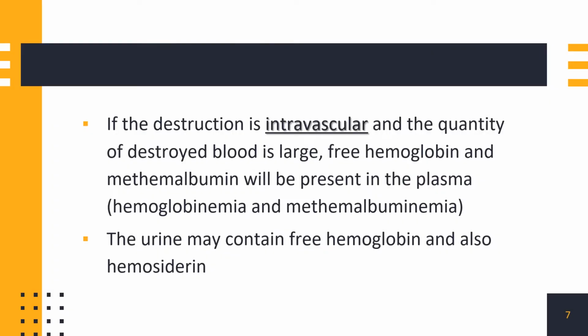If the destruction is intravascular and the quantity of destroyed or hemolyzed blood is substantial, free hemoglobin and methemalbumin will be present in the plasma, in states such as hemoglobinemia and methemalbuminemia.